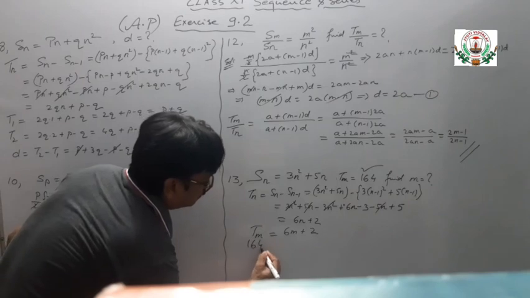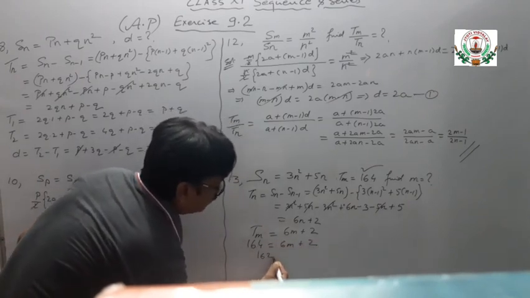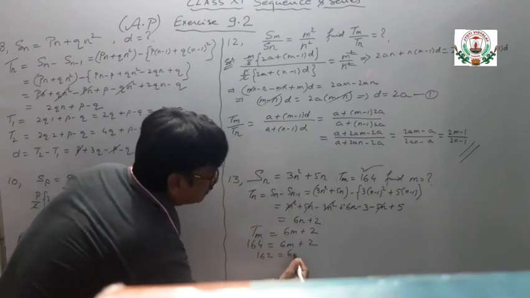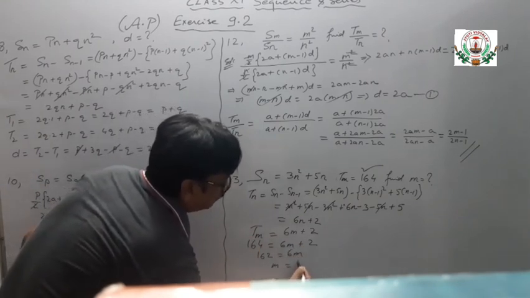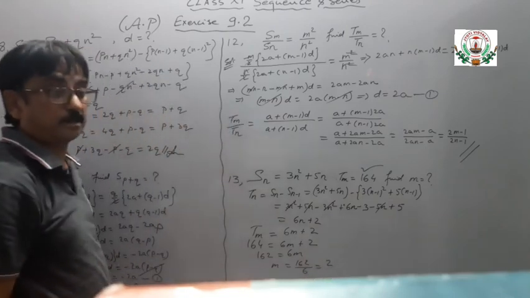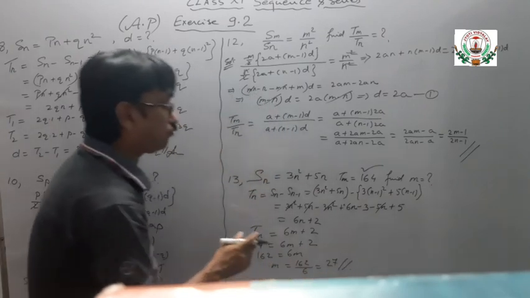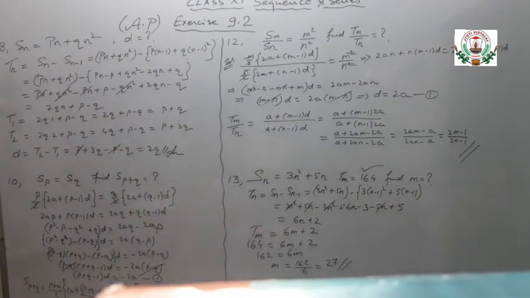So we substitute here 164 equals 6m plus 2, that is 162, transpose, equals 6m, m equals 162 upon 6. 6 twos are 12, 6 sevens are 42. So the value of m in this question is 27.